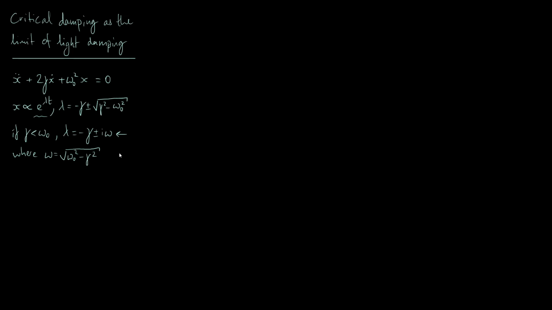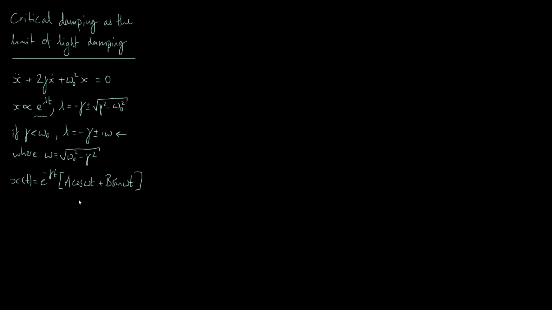If you add those together, you'll find that your solution, x of t, is e to the minus gamma t times (a cos omega t plus b sine omega t). So you can see it was convenient to define this omega because that ends up being the angular frequency of these cosine and sine terms we get in the solution.